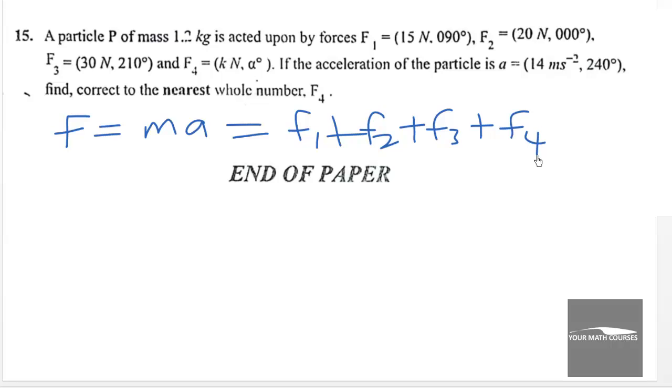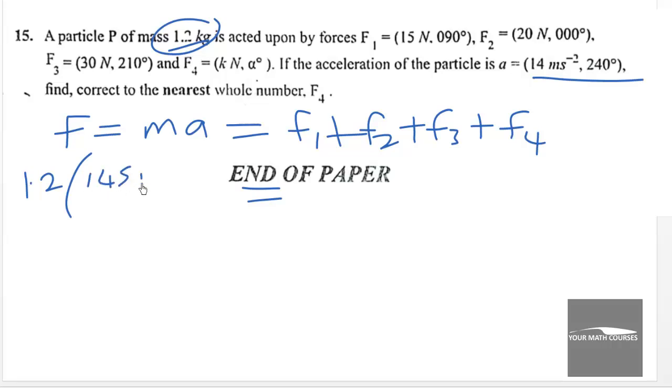So we have M here is 1.2. It is given in the question. So we have 1.2 times the resolution of the acceleration, which is 14 sine 240, then 14 cos 240.